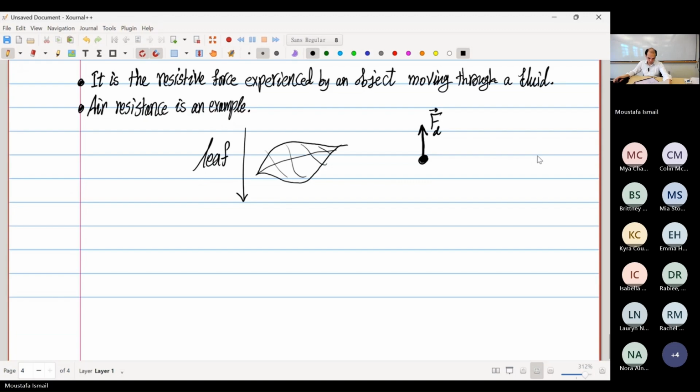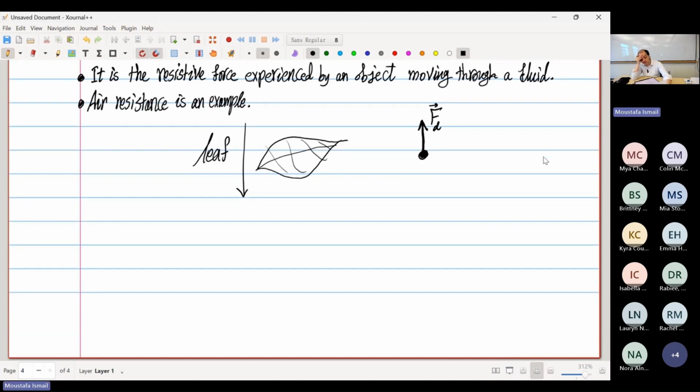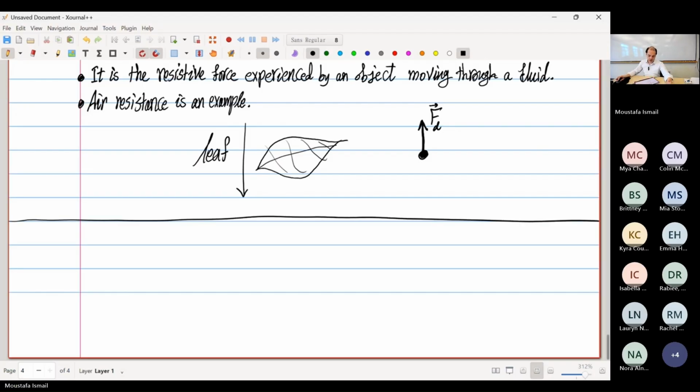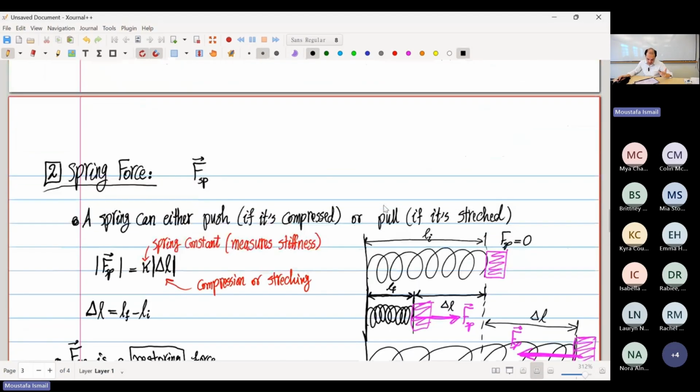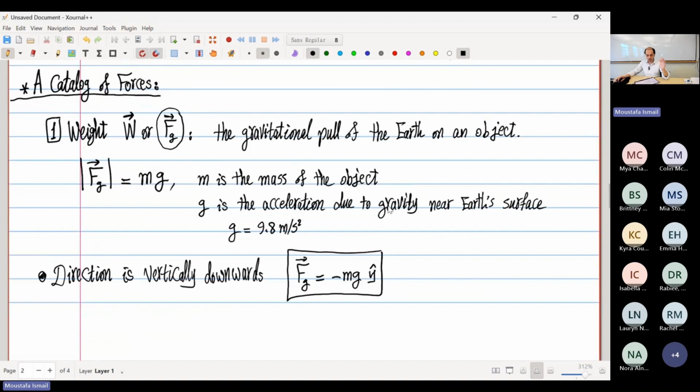Okay. I want to mention again that in our discussion of all these forces, we didn't mention Newton's second law. The overview in the beginning, when we mentioned Newton's second law, was an overview for what to come next. But when we introduced the forces, we didn't mention Newton's second law in their definitions. So drag, friction, tension, spring, gravity, all of these didn't involve Newton's second law at all.